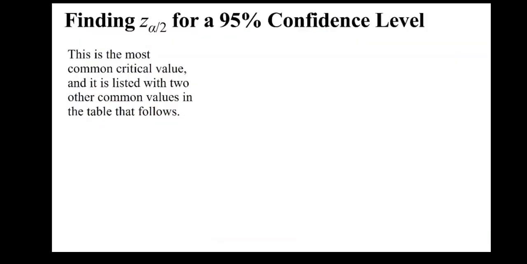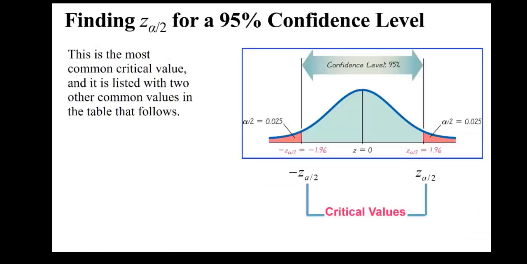Finding that from the table, take a look at the graph. So we have 95% in between, and to look up the values, that happen to be a very common value, you can go look it up from the table. It becomes 1.96, and because it's a confidence interval, it's positive and negative 1.96. So those are the critical values.